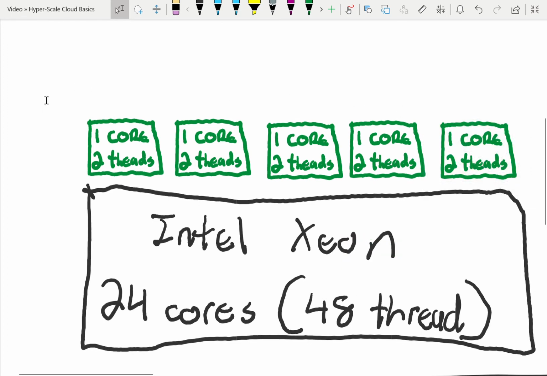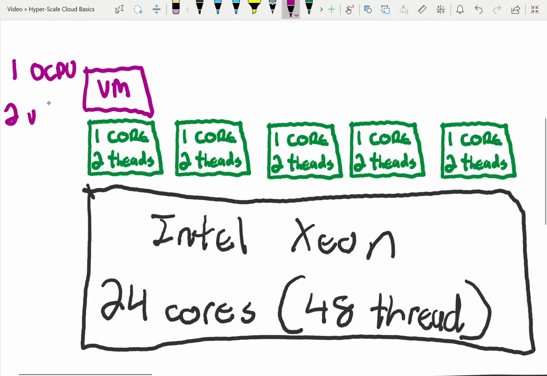So on top of a physical core, I'm going to put a VM. And this particular VM is going to be using one OCPU or two vCPUs.